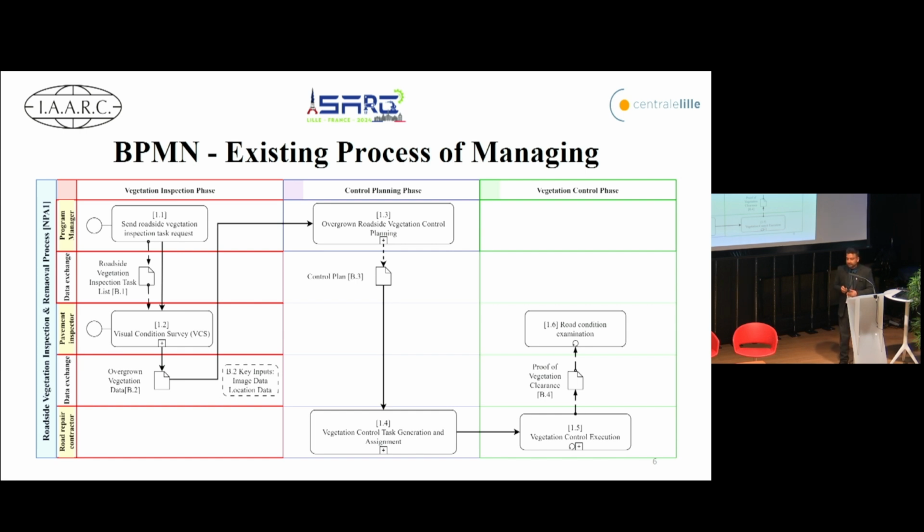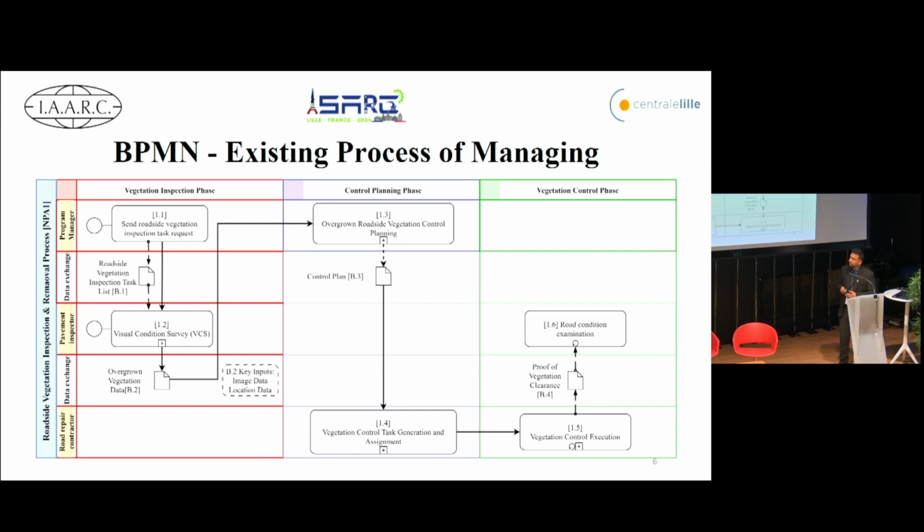This process is relatively simple. The inspector goes after receiving confirmation from the program manager to do an inspection. He does a visual condition survey and sends inputs like image data and location data back in written form or through an app. Then the overgrown instance is recorded, and the vegetation control team gives the job to a contractor to clear it.